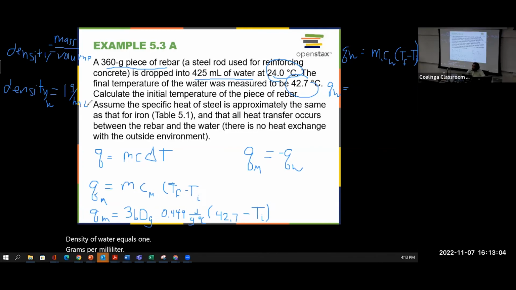Okay, so if I have 425 milliliters, how many grams would that equal?